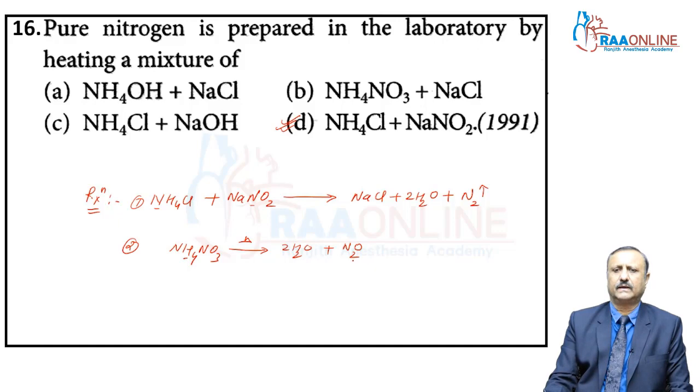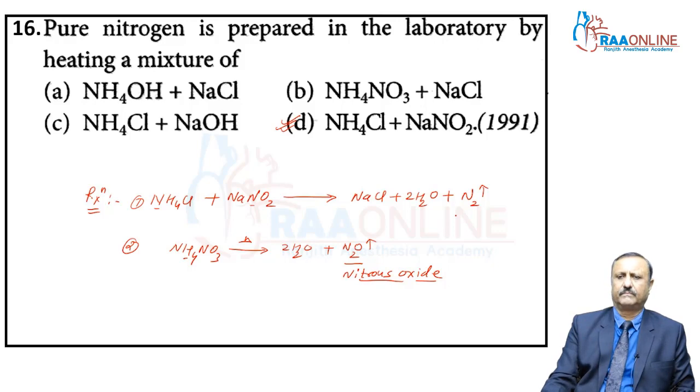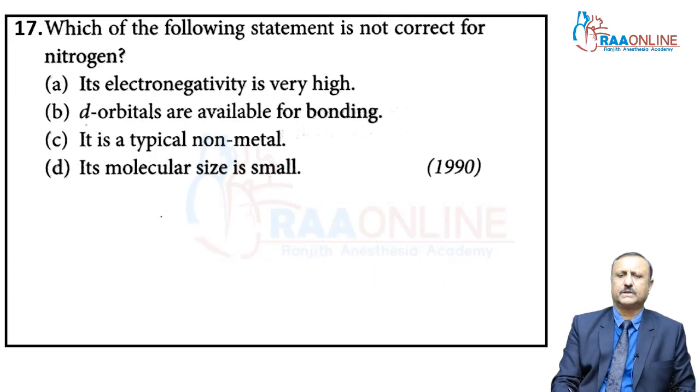So you get nitrous oxide. Nitrous oxide is also a gas, and it is called laughing gas. So my dear students, by these reactions we can get pure nitrogen. Now we can go to question number 17.